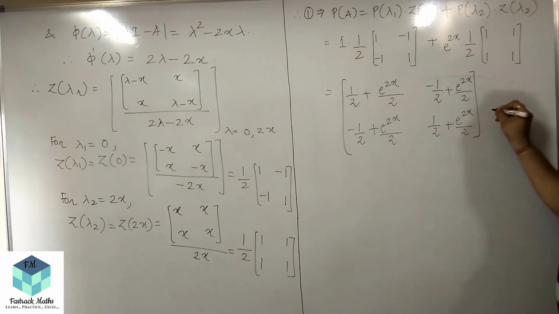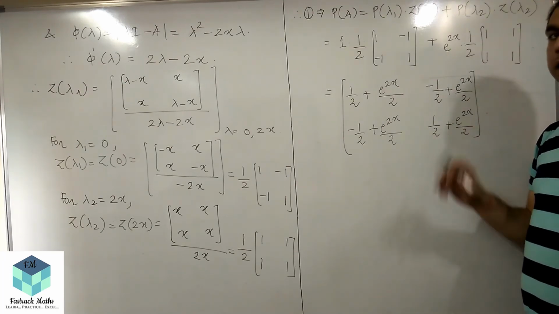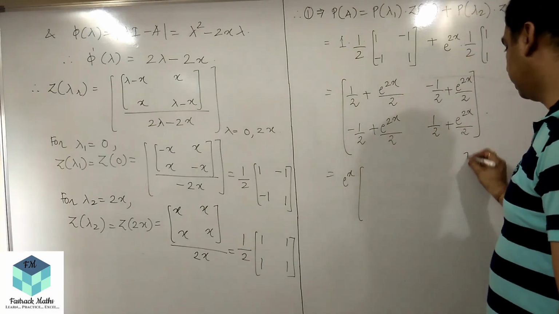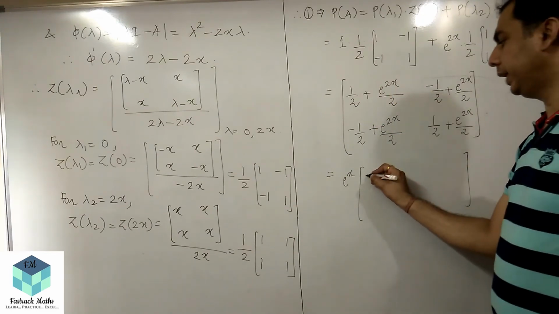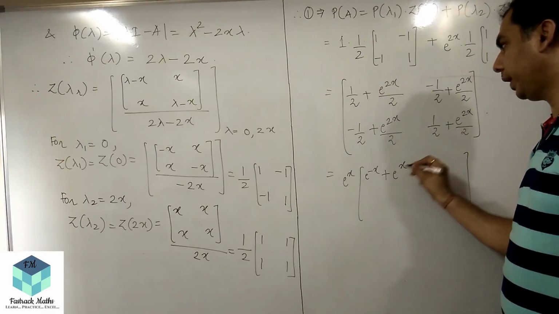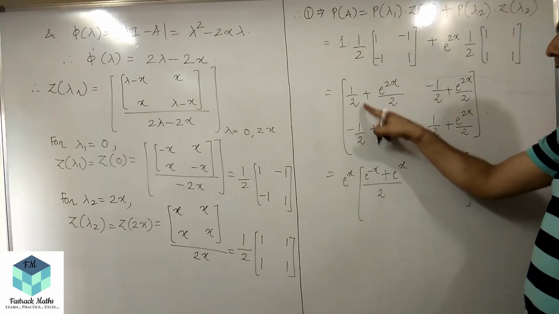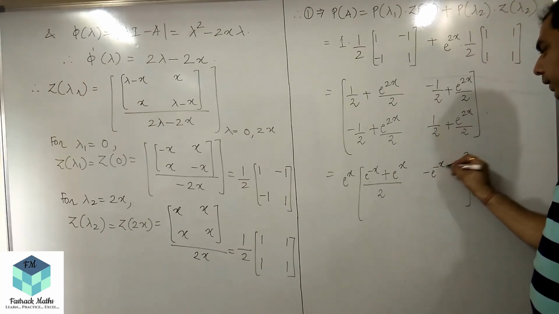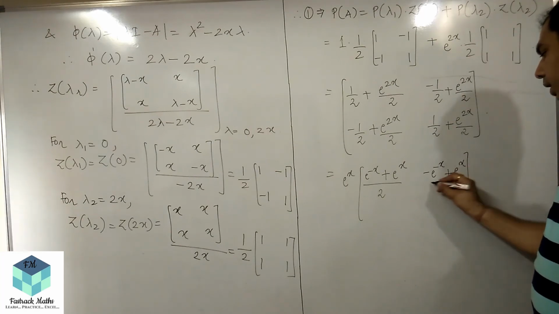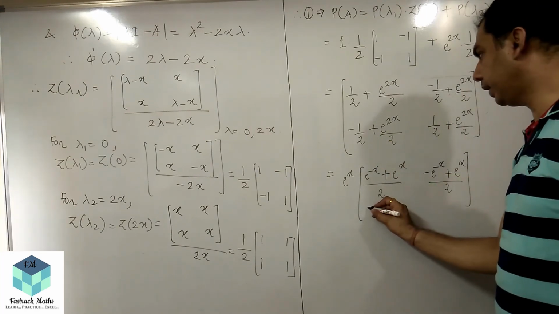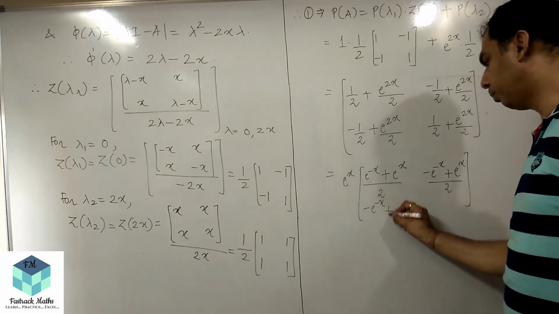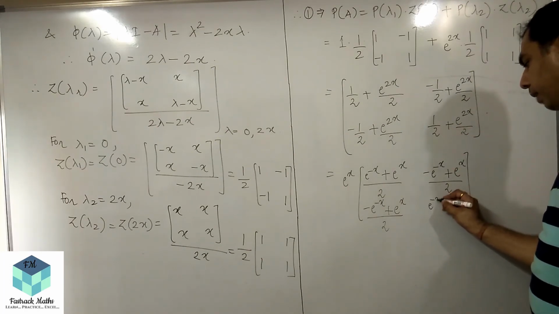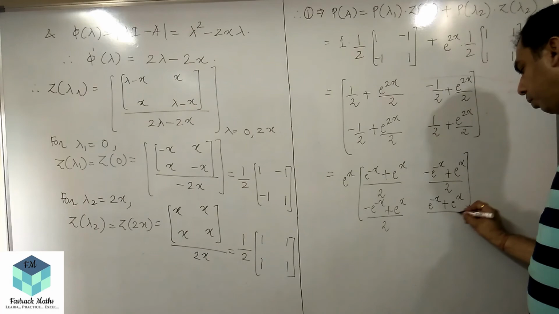Now in the question you can see that we have to take e to the power x common from this matrix, and then we can write this as e to the power minus x plus e to the power x upon 2. We have taken e to the power x common, then this can be written as minus e to the power minus x plus e to the power x upon 2, again minus e to the power minus x plus e to the power x upon 2, and this can be written as e to the power minus x plus e to the power x upon 2.